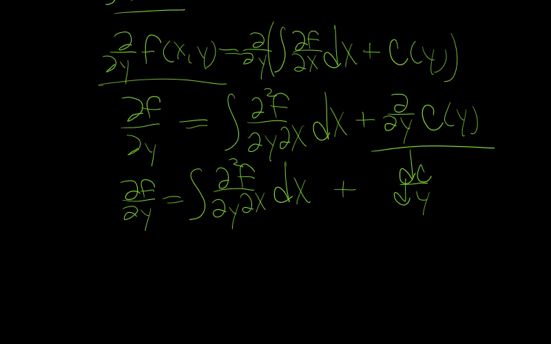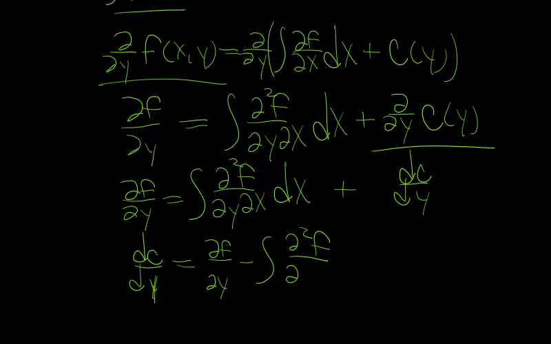So now if I rearrange this entire expression, I would get that dc dy, or the derivative of c with respect to y, equals the partial derivative of our initial function with respect to y, minus the integral of the mixed partial, partial squared f, partial y partial x, with respect to x.